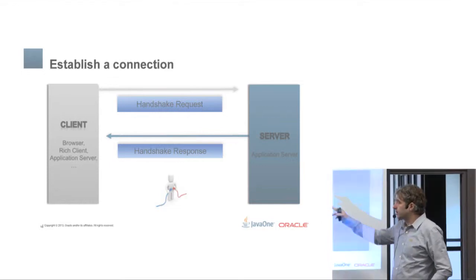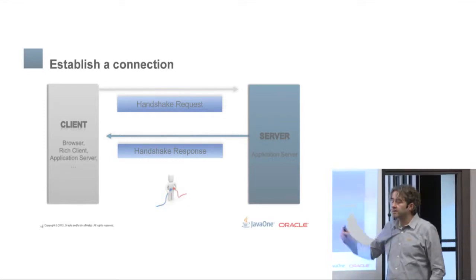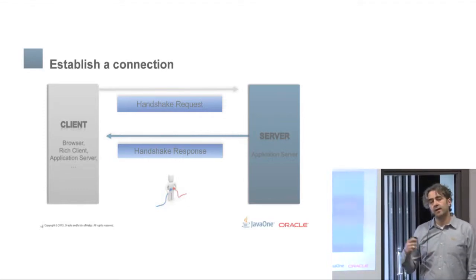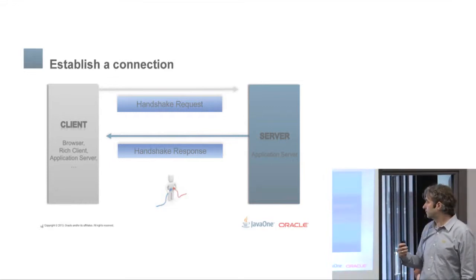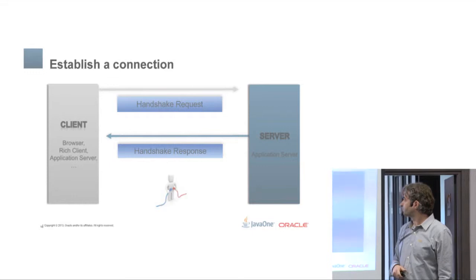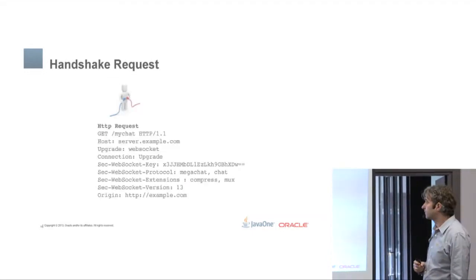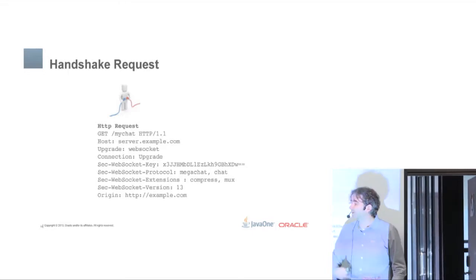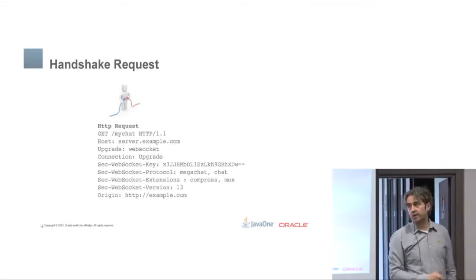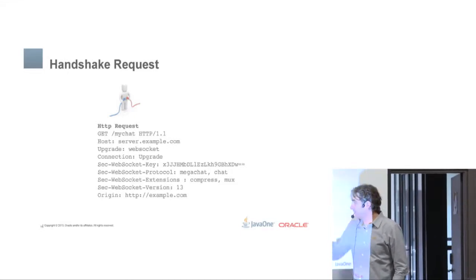We do a handshake over HTTP, and the server sends back a handshake response telling the client that, okay, he understands WebSocket and he knows what to do from now on. The handshake is done over HTTP 1.1. We see that we are asking for an upgrade. We want this HTTP connection to be upgraded to, in this case, a WebSocket connection.